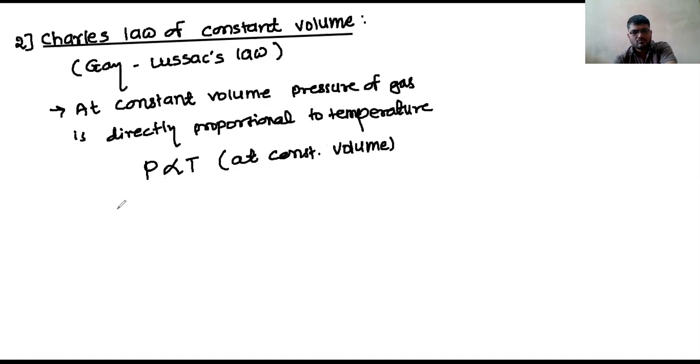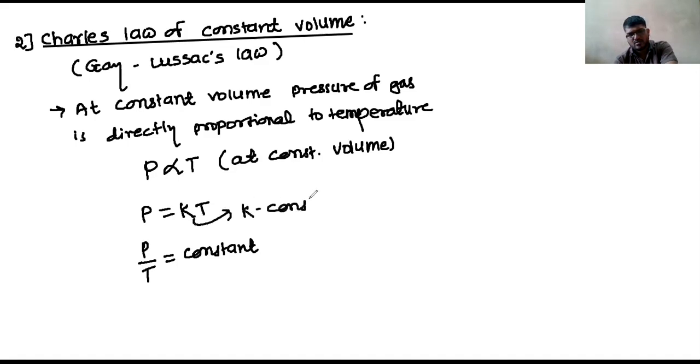So here it is P by T. That is, you can write P is equal to KT, where K is constant, and therefore P by T is equal to constant. Here K is what? Constant.